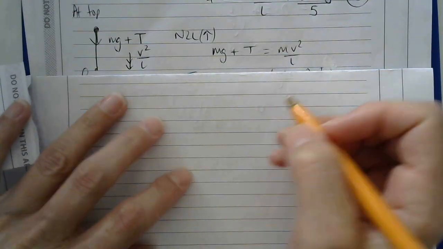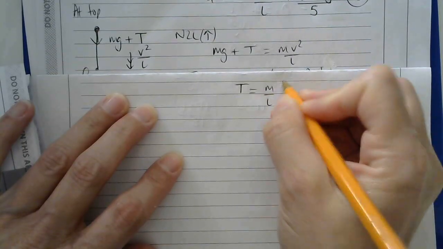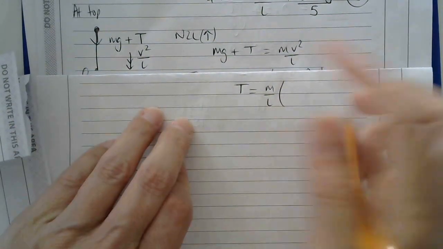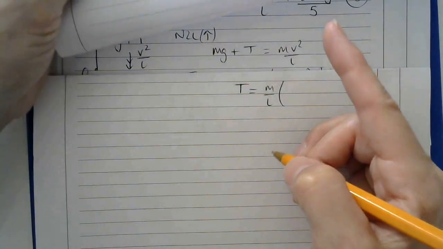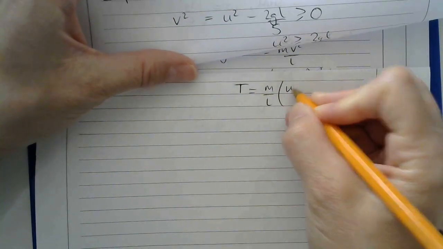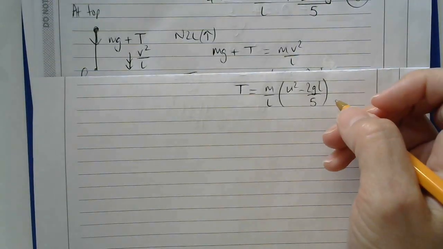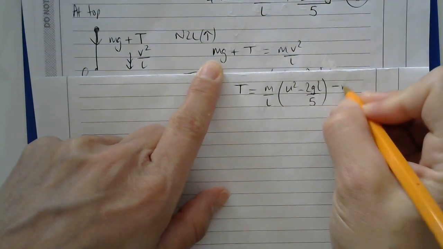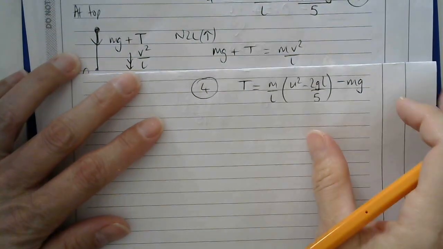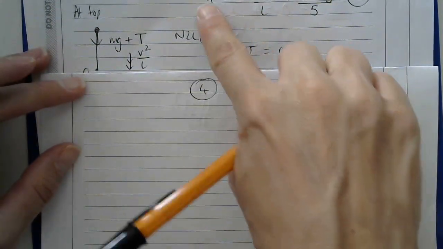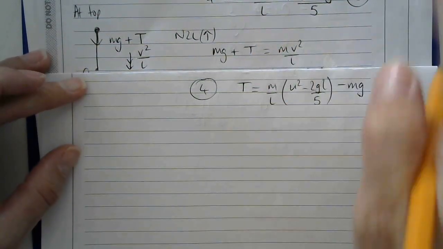So this gives me that t is m over L times v squared, where v squared is this expression from here, u squared minus 2gl over 5, minus mg. Okay, so I'll call this equation 4.